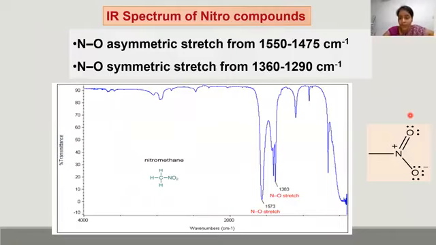IR spectrum of nitro compounds. In the nitro group, again there are two nitrogen oxygen bonds, which are in resonance with each other.